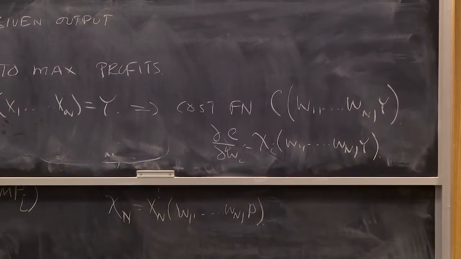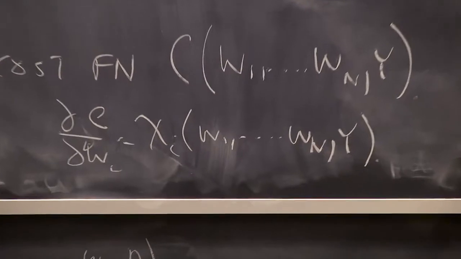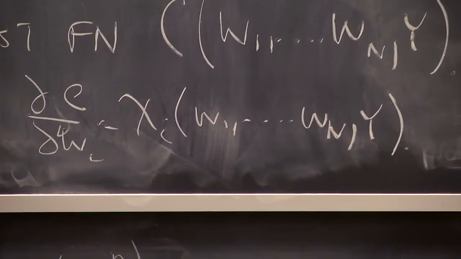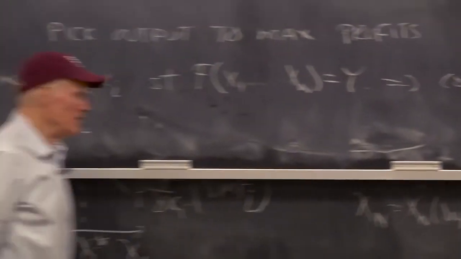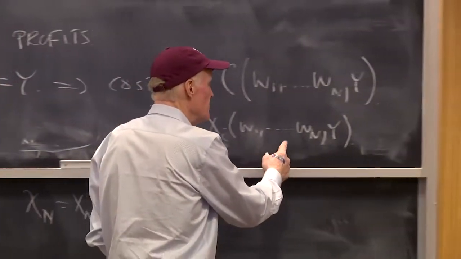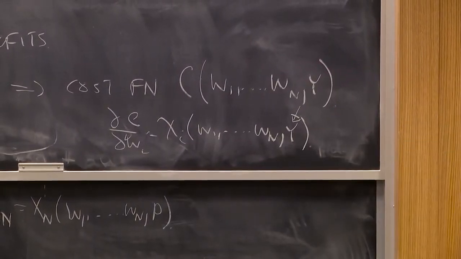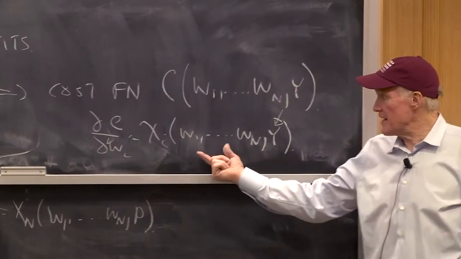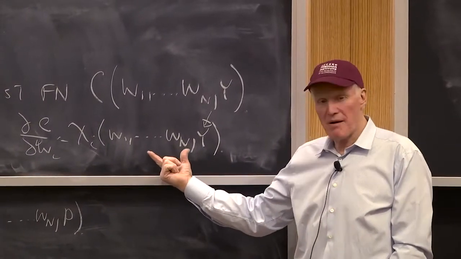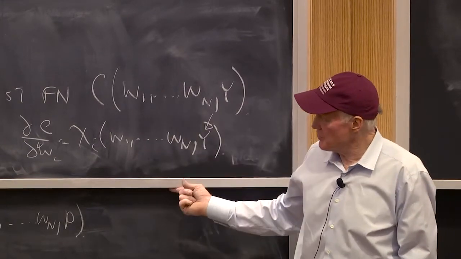These are called conditional factor demands that correspond to which demand curves in the consumer theory? The Hicksian demand curves from consumer theory. These are called conditional factor demands because they're conditional on output. Okay? And these, when people actually think about production problems, are probably more commonly used than what we call the unconditional demands here.